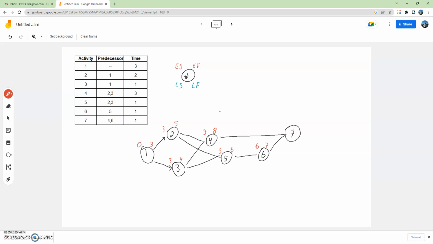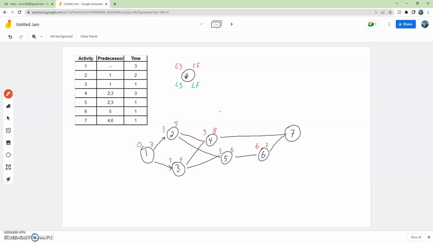So Activity 7 can only start after the predecessor activities are completed. So Activity 7 has to wait until Activity 4 and Activity 6 are completed. Activity 4 will be completed at month 8, and Activity 6 will be completed at the 7th month.